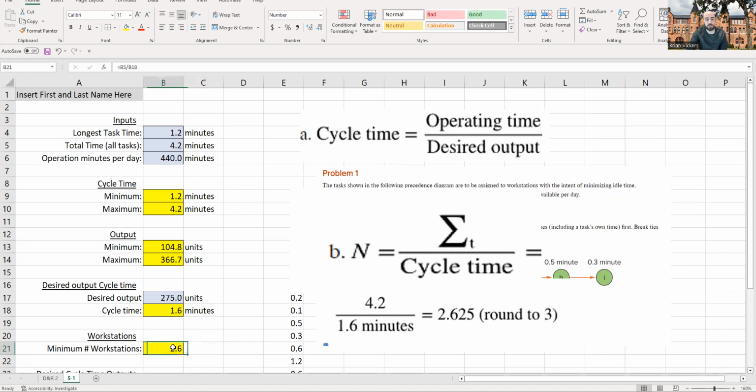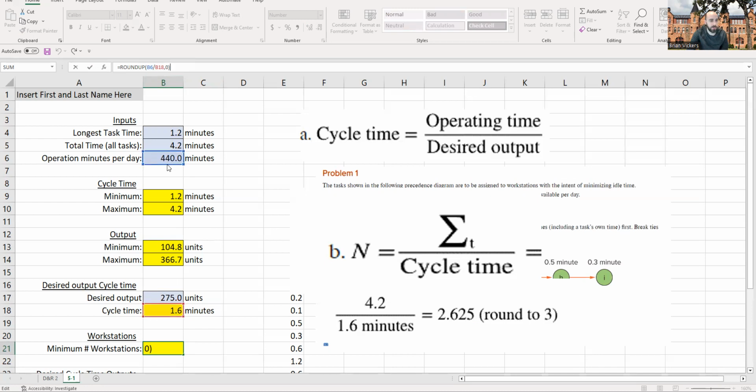But I don't have to do that as 2 steps. I can actually do equals roundup, and I can round up 440 divided by 1.6. Oops, comma 0 decimal places. What did I do? Clicked on the wrong one. Operating time divided by desired output.